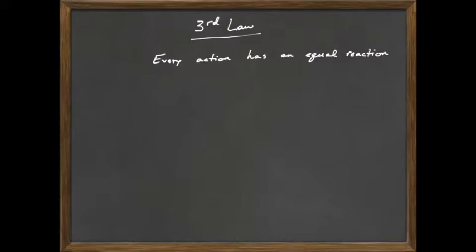And what it essentially means is that if I have an object, or two objects rather, and this is important, you need to have two objects. So in this case, object A and object B. Okay, Newton's third law has nothing to do with what's going on outside the contact of these two objects.